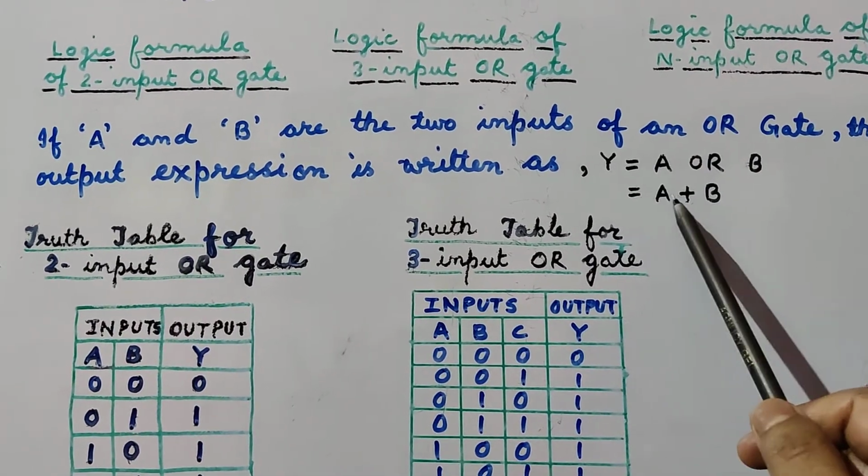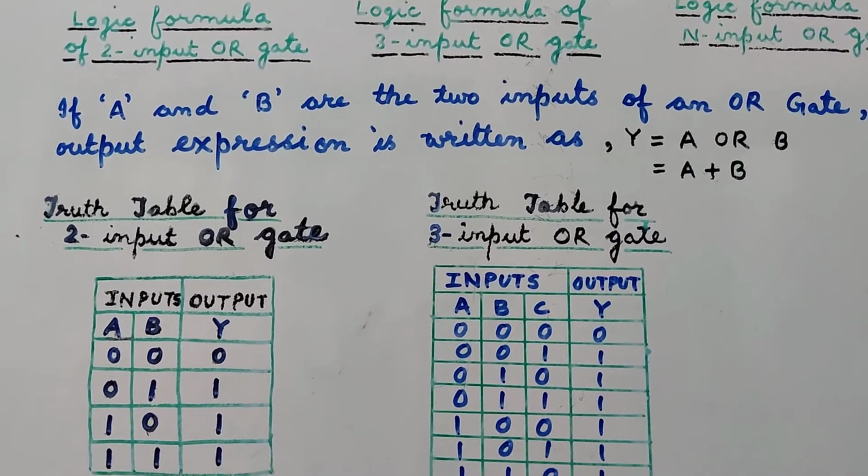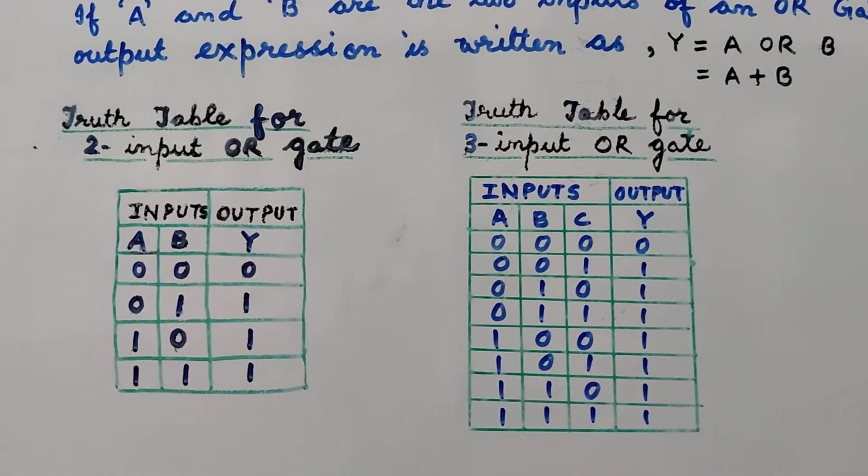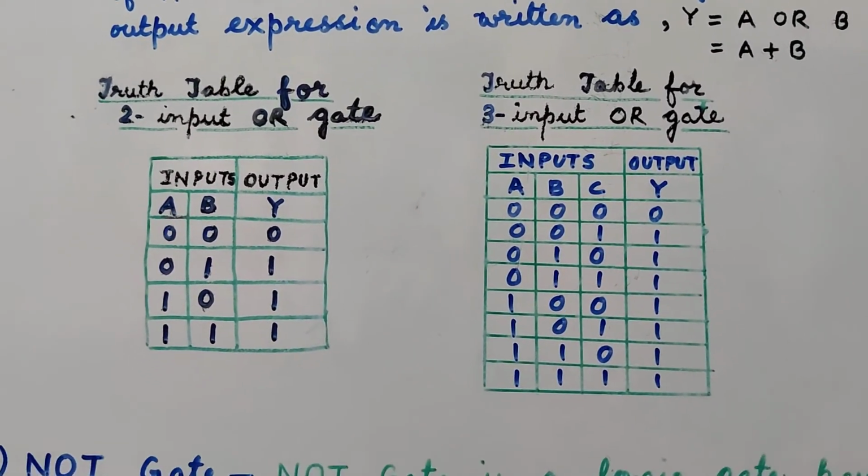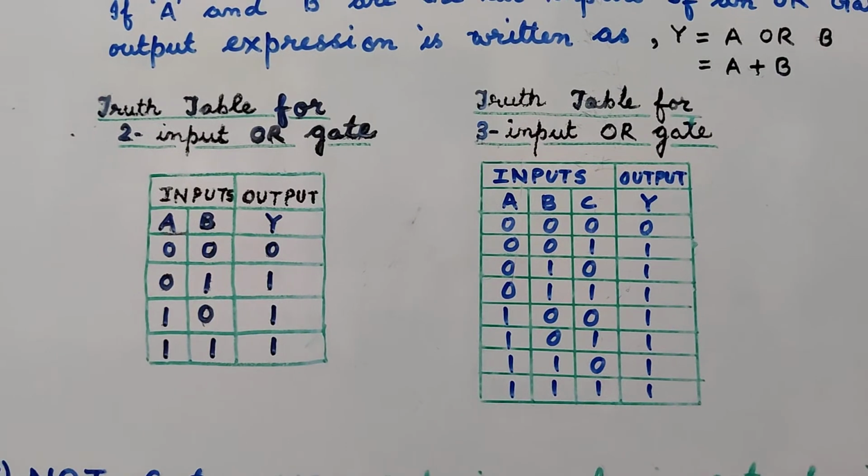So this can be written as Y equals A plus B. Now let us draw the truth table of the 2 input OR gate and 3 input OR gate.